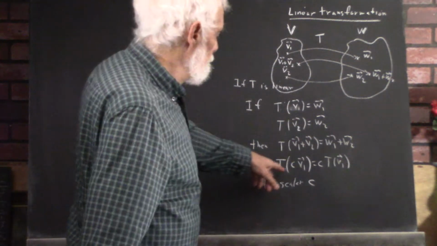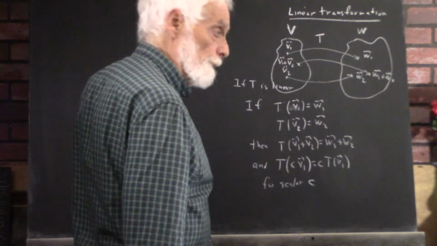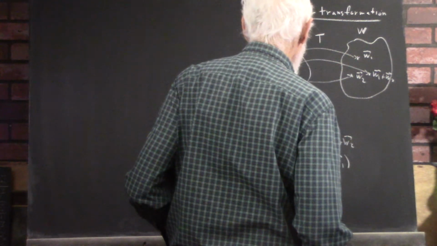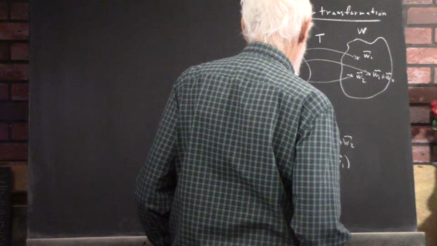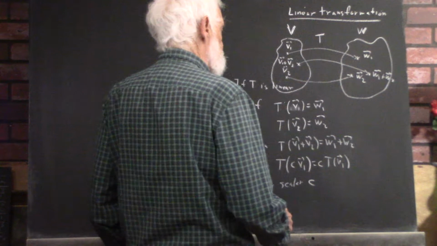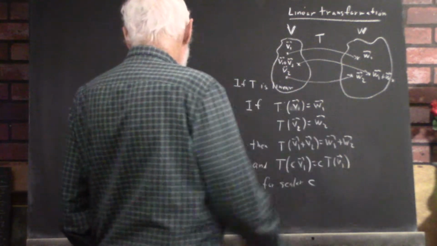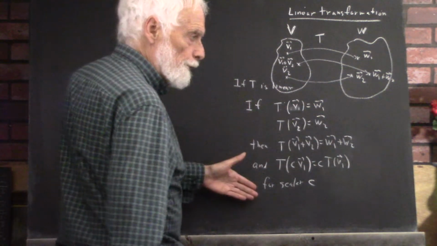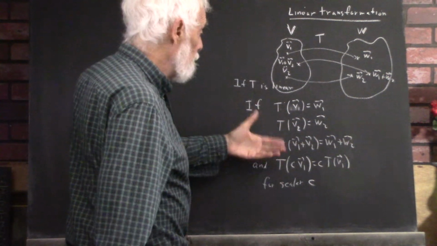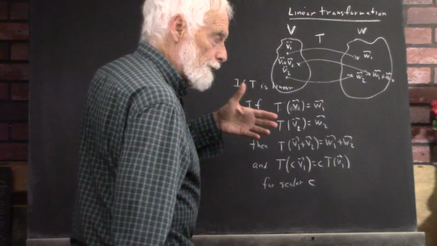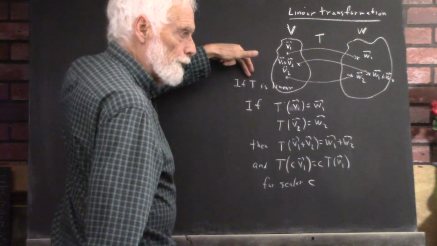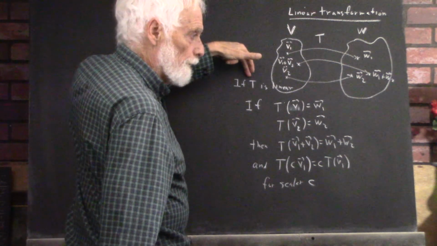And T of C times V1 equals C times T of V1 for a scalar C. I'm not going to picture that. I'm going to leave the picture the way it is. But these are two conditions. And when these two conditions are satisfied for all vectors in space V, then that's what we mean by the transformation being linear.